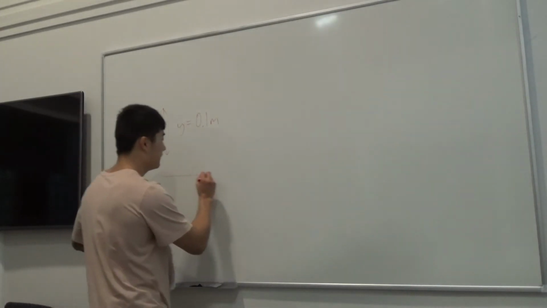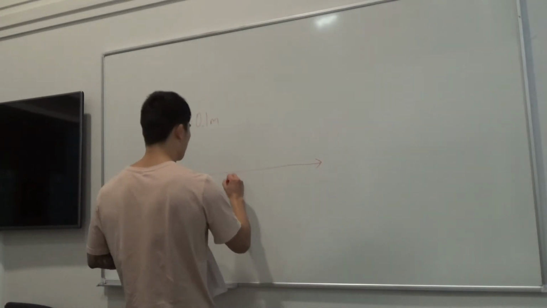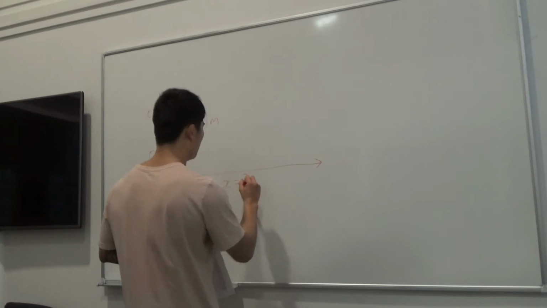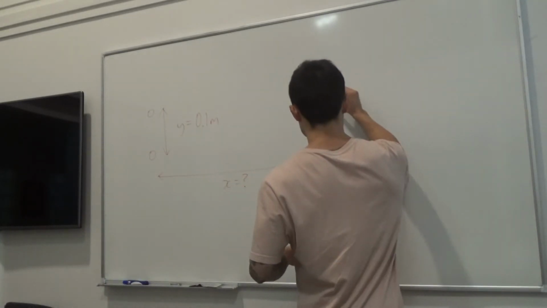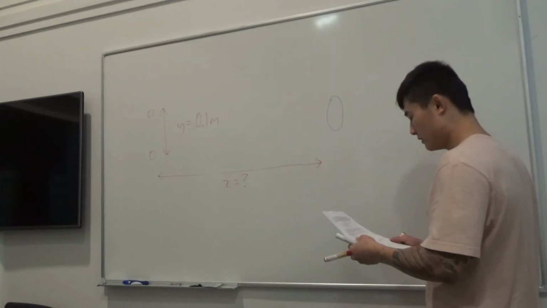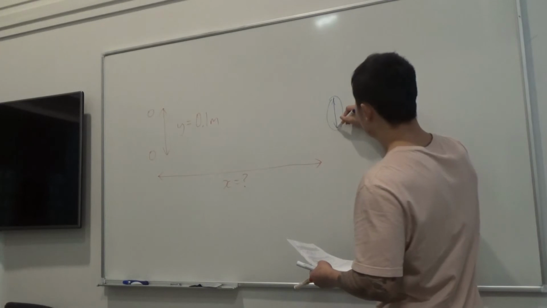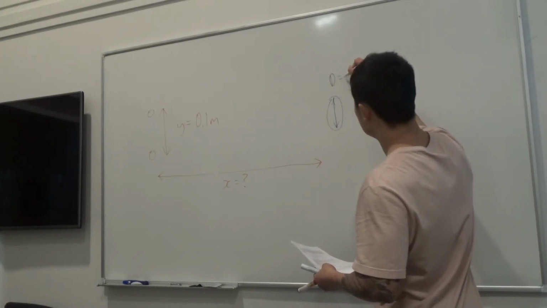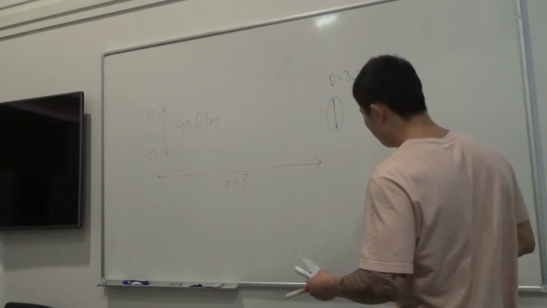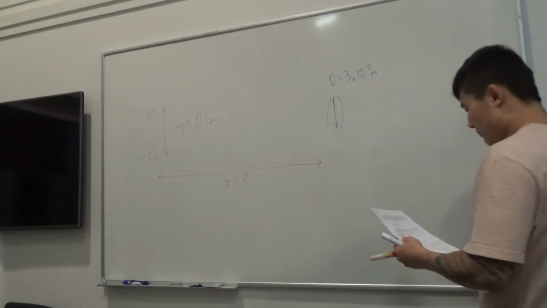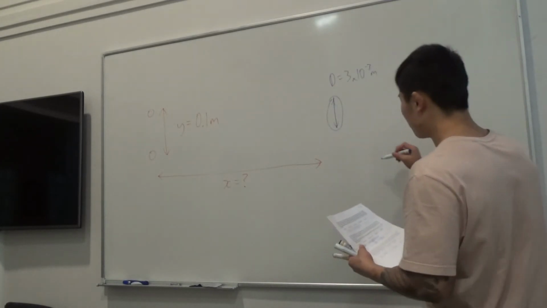So that's how far it will be away from you, x, which is the question mark. Your pupil diameter is 3 times 10 to the negative 3 meters, or 3 millimeters, and the wavelength is 550 nanometers again.